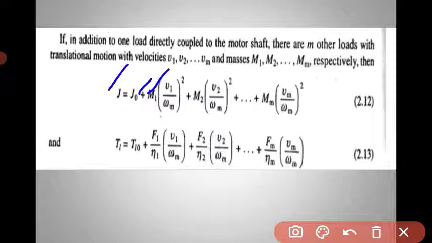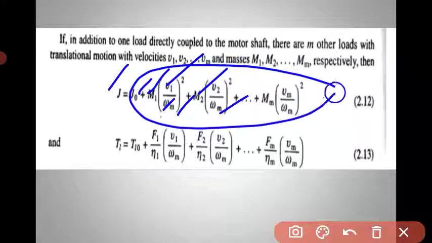So we get this equation, and next one more load is taken and translated with a different speed, or whatever the speed, omega_m. So v1 is the velocity, omega_m is the speed in radian per second, and m2 is the mass of the second one. Adding all these, we get the total moment of inertia.